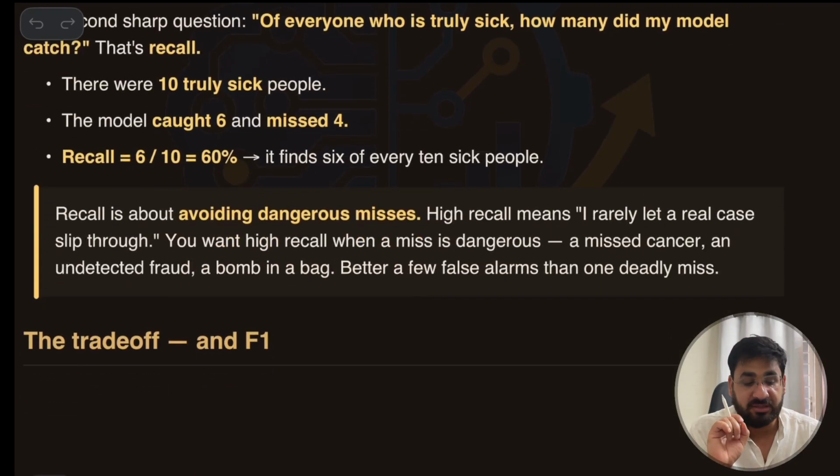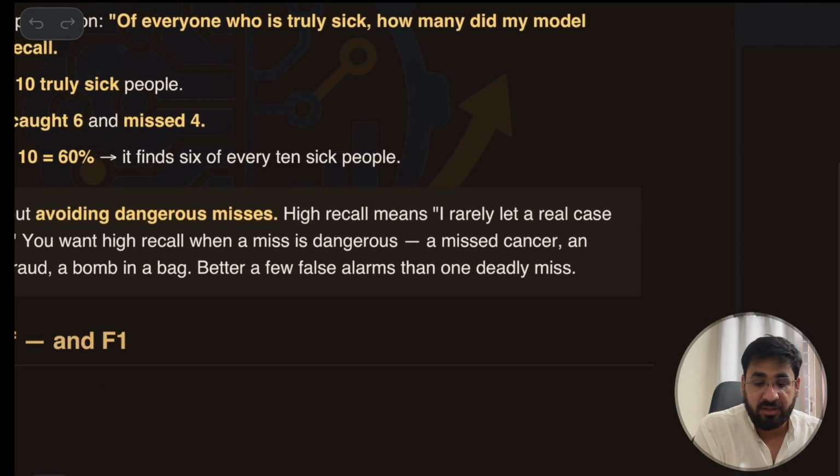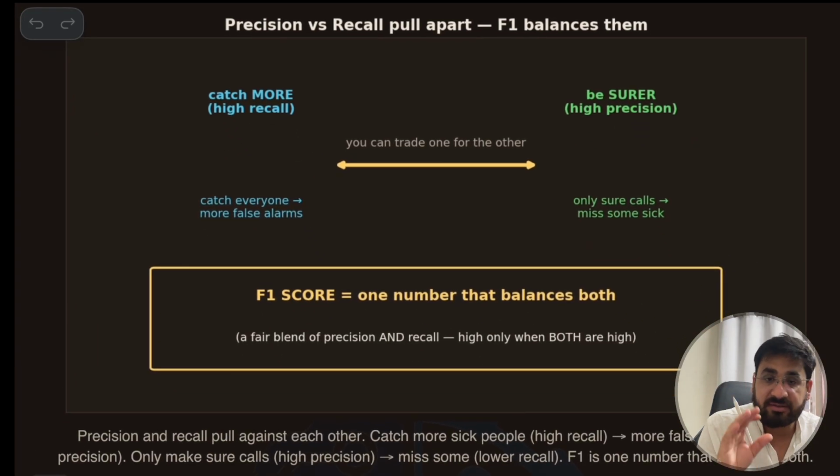Now the question is trade-off and F1. F1 is the holding, you can say, cord. Here we have high recall and we have high precision. It is just there to balance. If you increase recall, if your recall percentage is high, precision will drop.